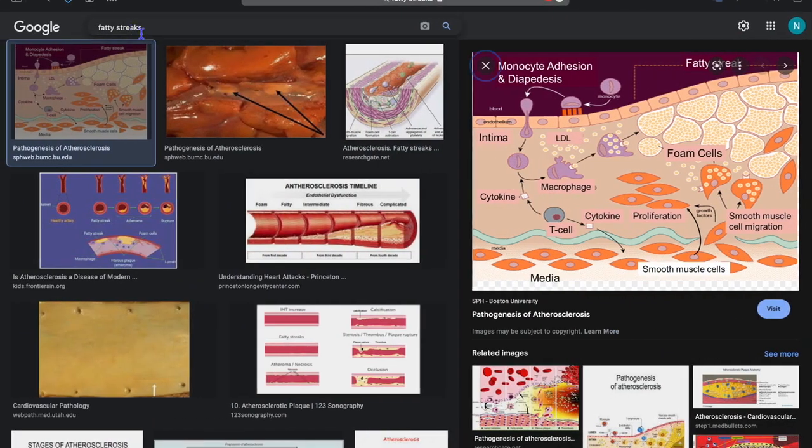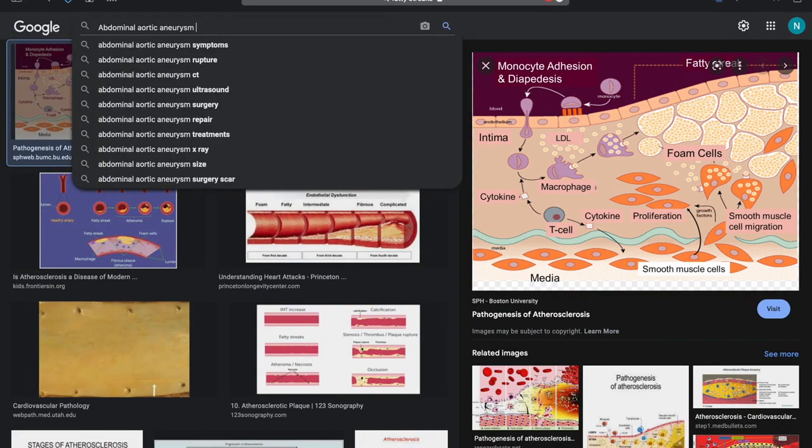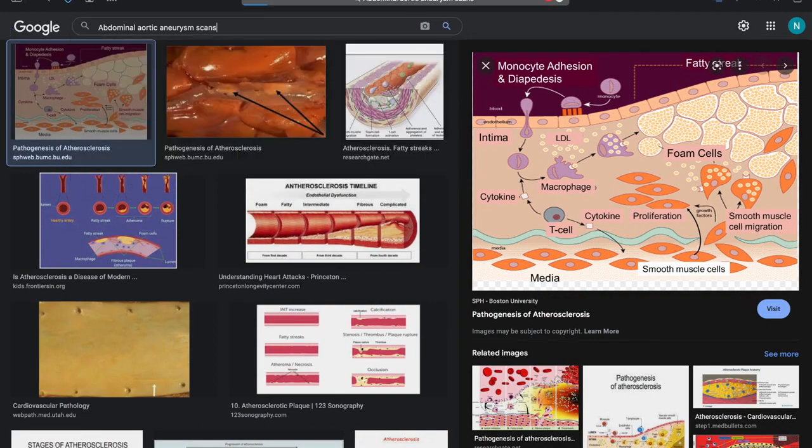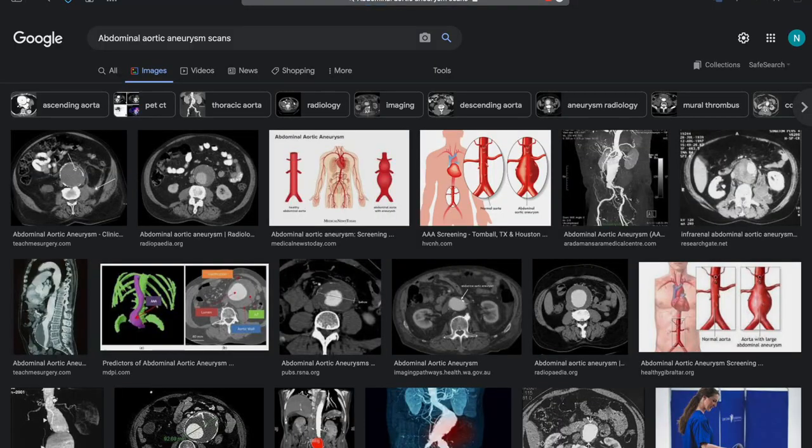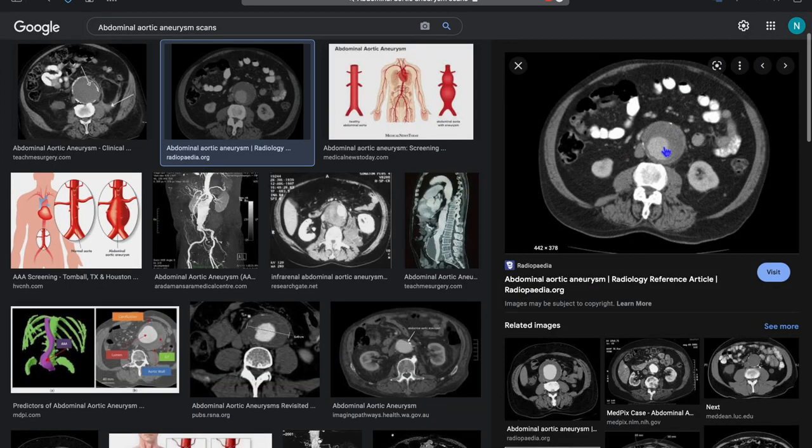Let's see a few more. Okay, so this is sclerotic. This is abdominal aortic aneurysm, right? So you can see the difference between the two layers.